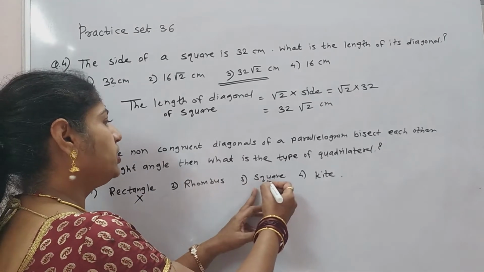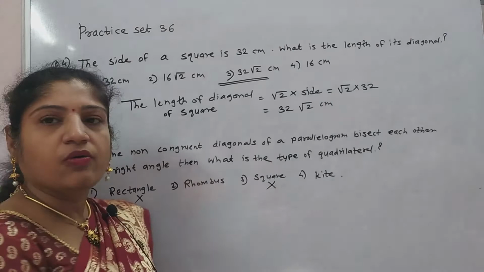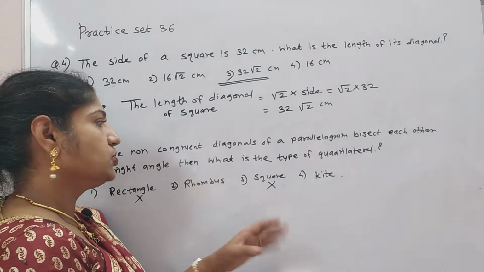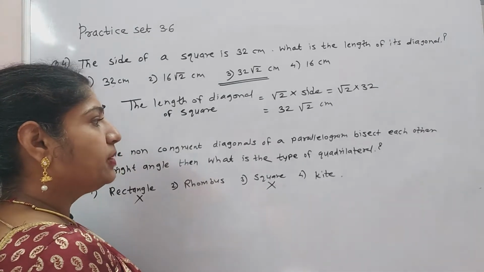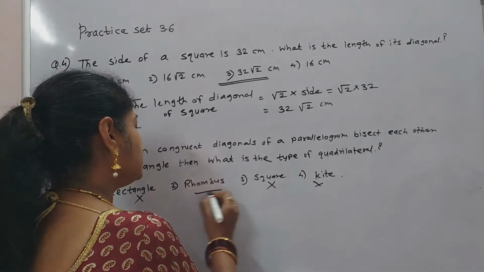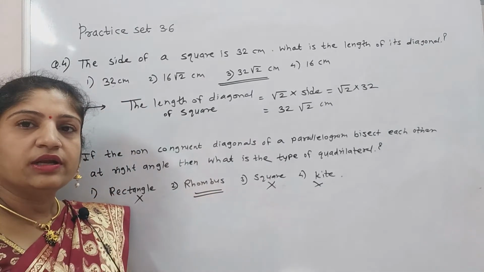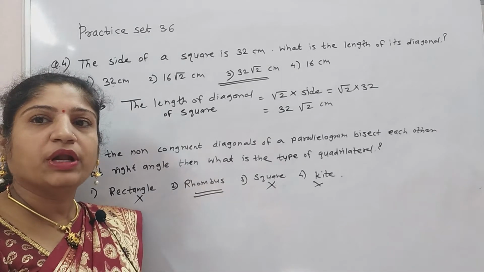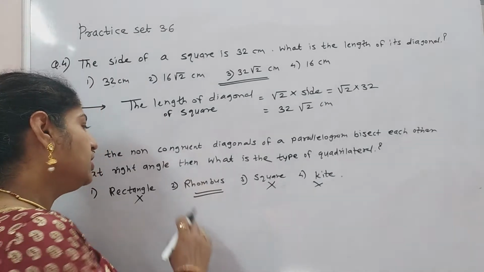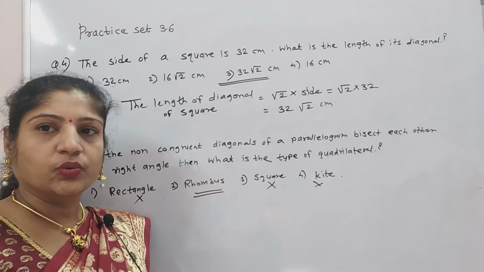In a square, both diagonals are congruent, so this option is also cancelled. Fourth is kite. A kite is not a parallelogram, so our answer is rhombus. In a rhombus, the diagonals are of different lengths, but they are perpendicular bisectors of each other. Our answer is option number 2.